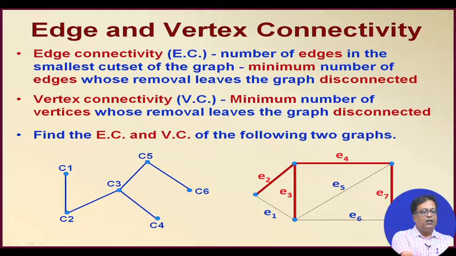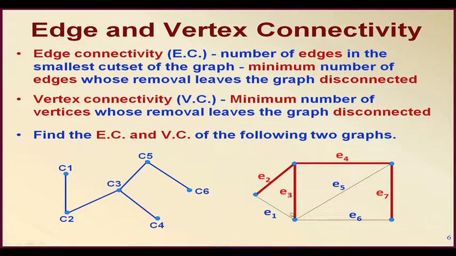How many vertices do I have to remove? If I remove only one vertex, just see the graph is still connected, all right. And if I remove 2, let us say these 2 or these 2, then the graph is disconnected. So, in this case also edge connectivity is 2 and vertex connectivity is also 2, all right.